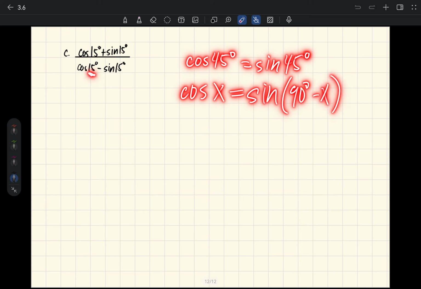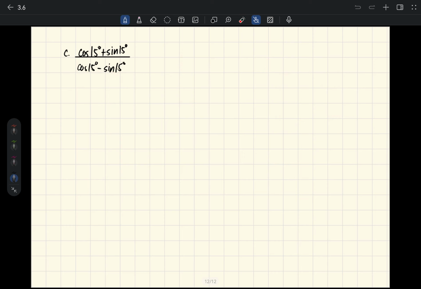And since these two angles do not add up to 90 degrees, we are sure that these two are not equal. So since they are not equal, what we can do is do some kind of multiplication and division in the numerator and denominator.